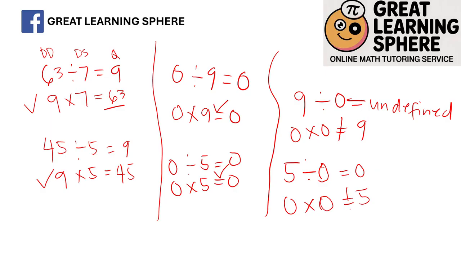So, it is a false statement. Therefore, 5 divided by 0 is not 0 but undefined. That's the reason behind why any non-zero number divided by 0 is undefined.